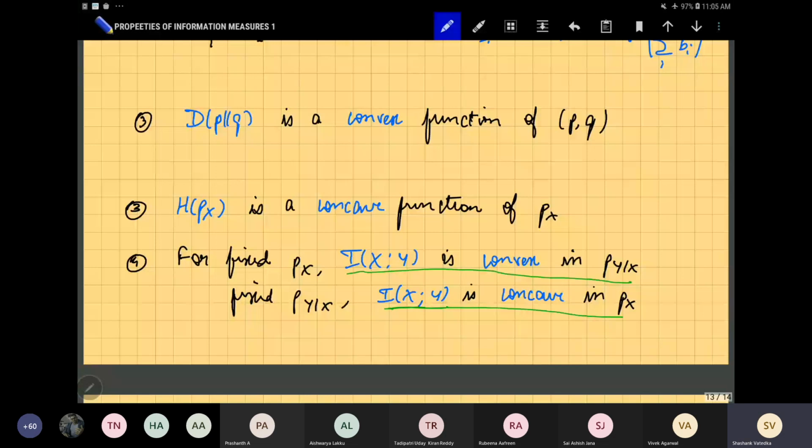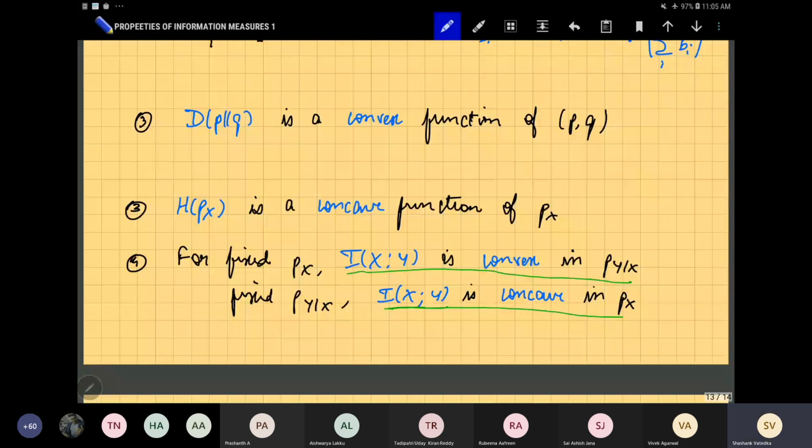But for example, this is used in the problem of quantization, where the minimum rate of quantization can be obtained by minimizing the mutual information with respect to all Py given x, subject to certain constraints for a given Px.